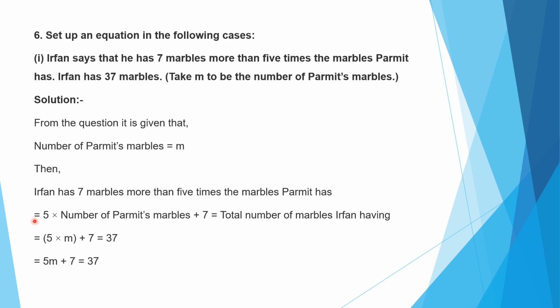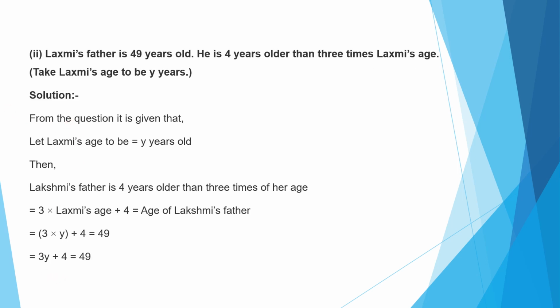That's why 5 into the number of Parmit's marbles, that is 5 into m, plus 7 is equal to the total number of marbles Irfan is having, 37. 5m plus 7 is equal to 37 is the equation for the given statement. Next, the only thing is you have to understand the statement properly. Then you have to frame the equation.